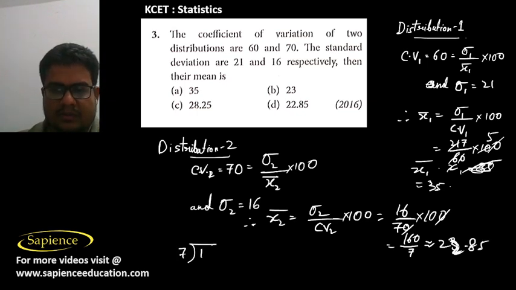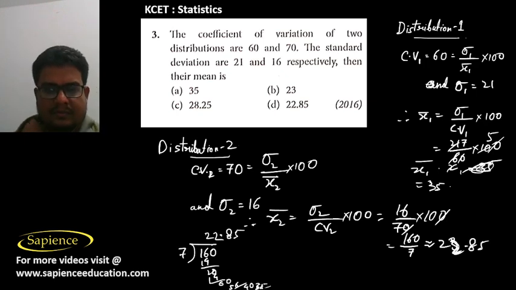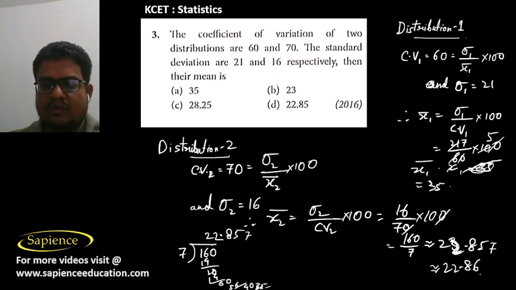Let's just solve it. 160 by 7: 7 twos are 14, then 20, 7 eights are 56, 7 fives are 35, 7 fives are 35, then 40. So approximately 22.857, so 22.86 approximately, which is close to 22.85.